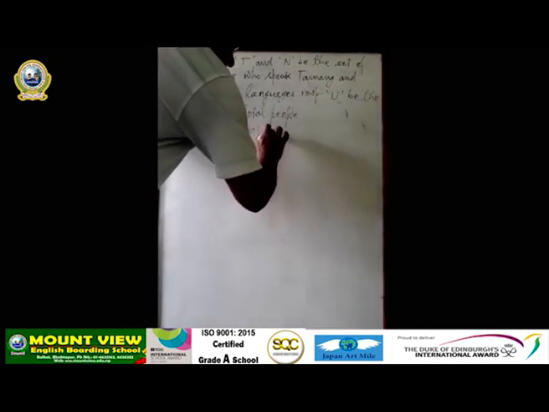You can write this much. First of all, the language problem is converted into symbols by denoting T for Tamang language, N for Nepali language, and U for universal, meaning total people in the survey.